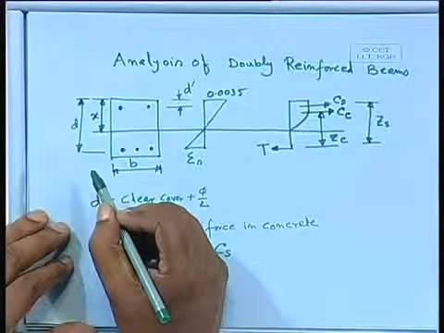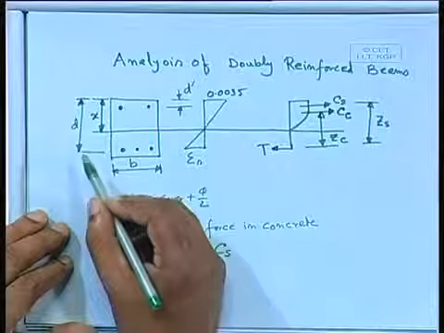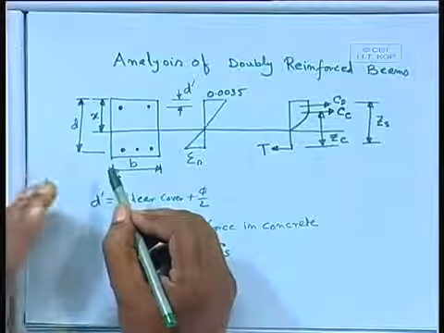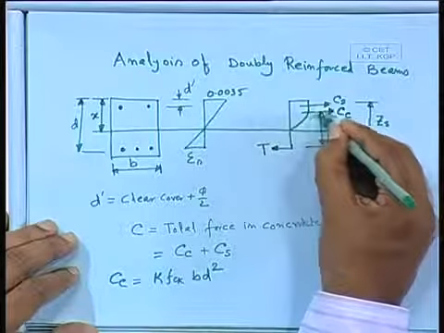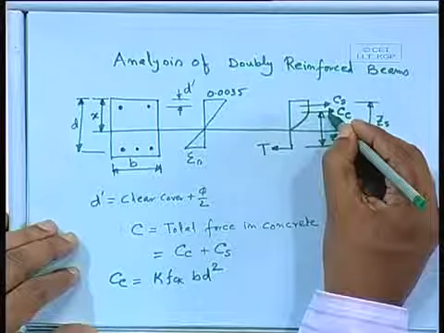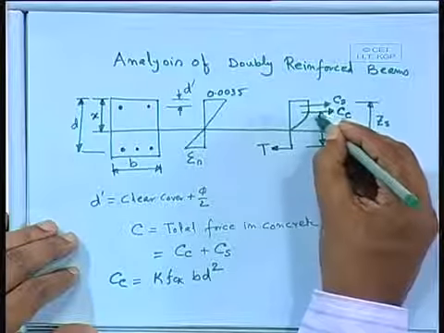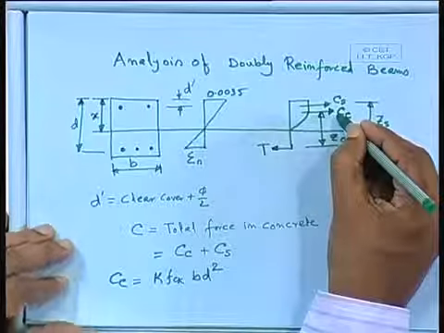D is never between the two reinforcements. D is always from the top fiber, and that's why we have another parameter, K2 D. It means that from the top fiber, the position of this resultant compressive force is 0.42 d or 0.416 d that we are getting.